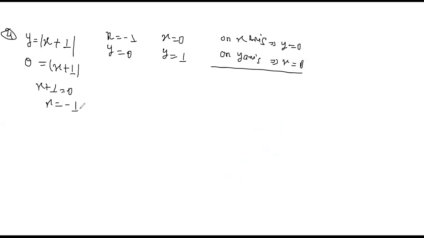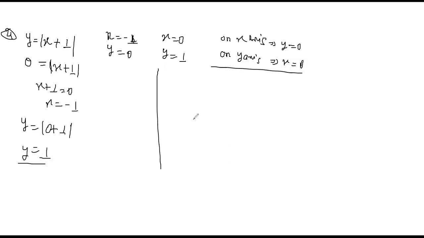Got it? So x equal to -1 and y equal to 0. Similarly, when you put x equal to 0, 0 plus 1 will be equal to 1, y equal to 1. 0 and 1.